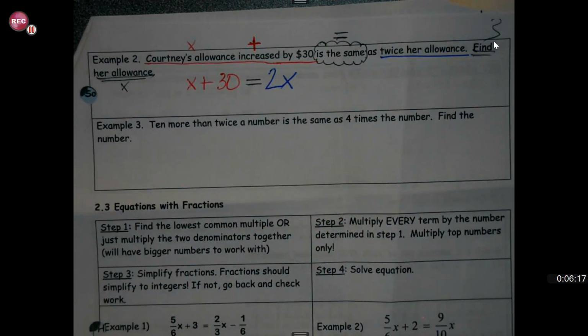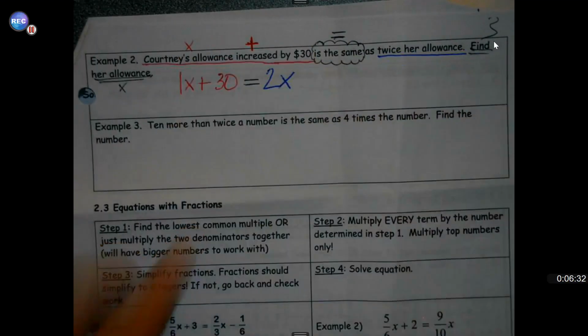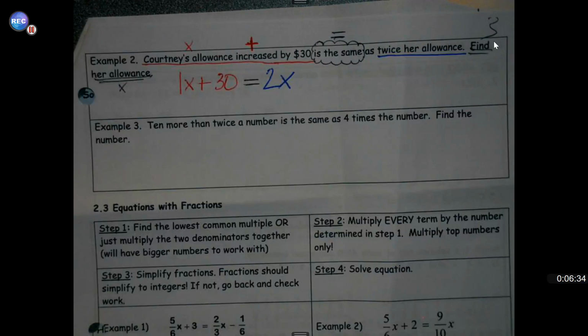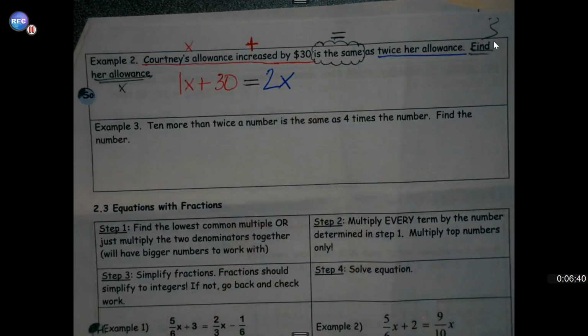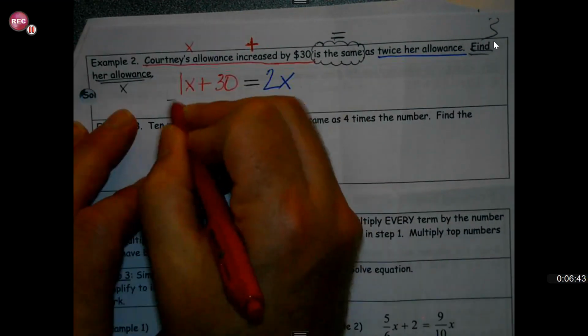So I'm looking for those key words, whether it's per and each defined in x, or is the same as, is equal to, is the same, to get that equals. And then, Hardy broken record, get all my x's together. If there's a side with only x, as we have mentioned before, that's usually the easiest place to move our x's to.